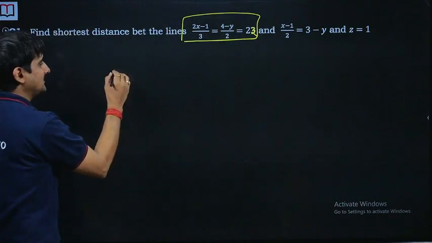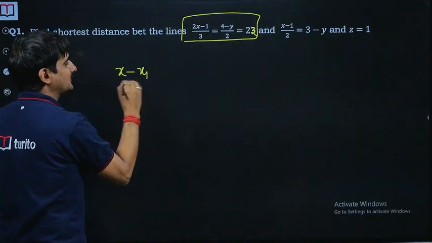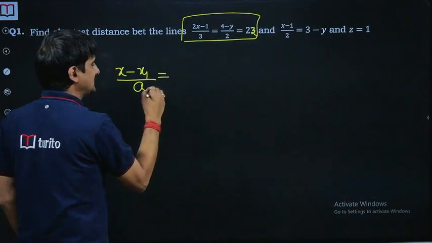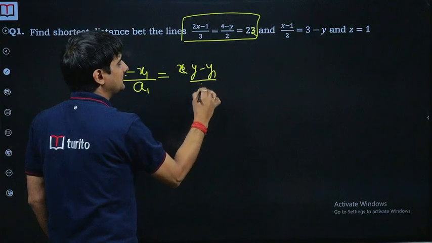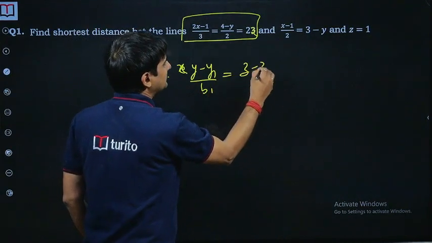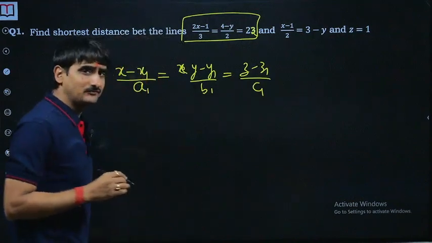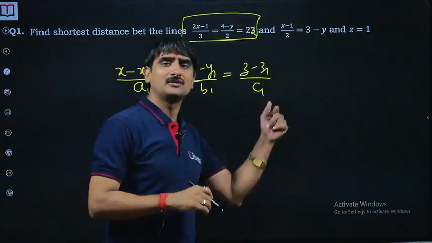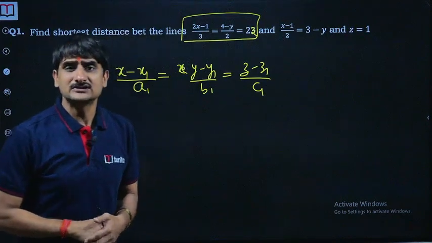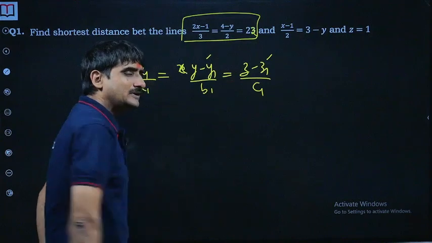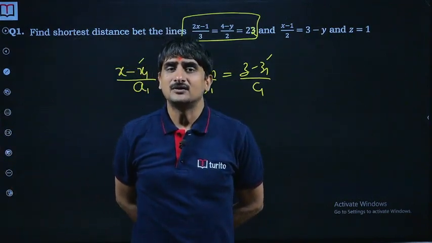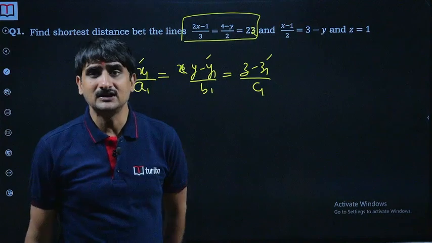We all know that the standard form of the equation of a line in 3D is (x minus x1) by a1 is equal to (y minus y1) by b1 is equal to (z minus z1) by c1. Whatever we have in the denominators gives us the direction ratios of the line, and x1, y1, z1 form the coordinates of a fixed point through which the line passes.